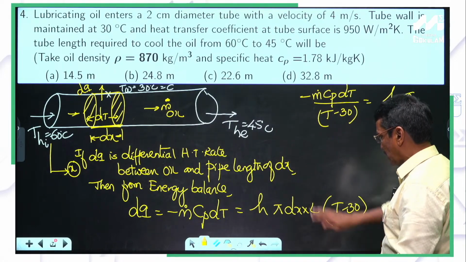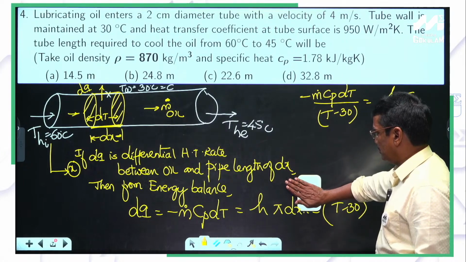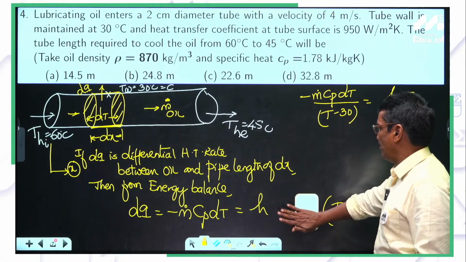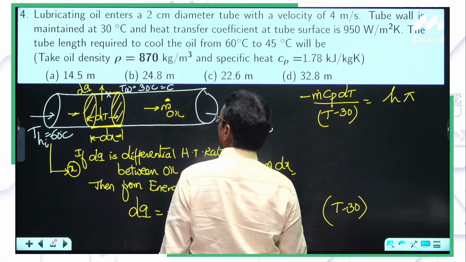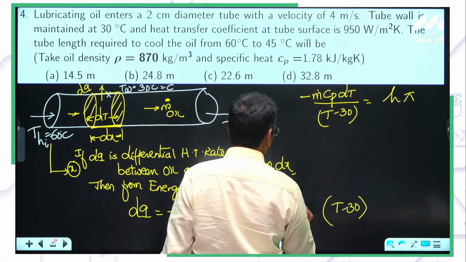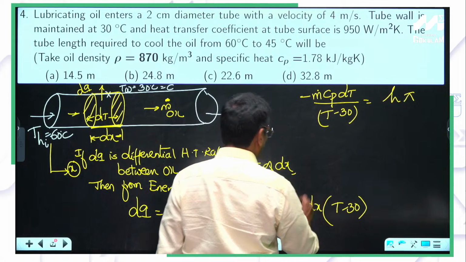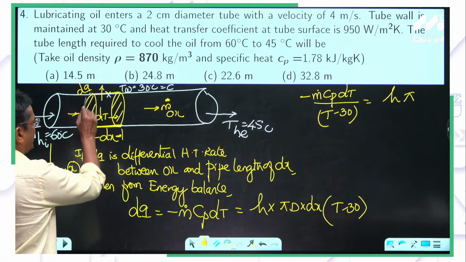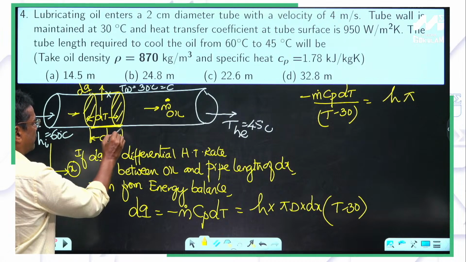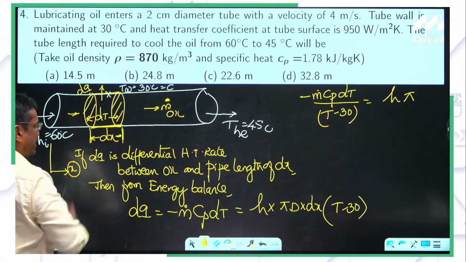Sorry, this length will not be there, because it is h into pi d, the diameter has been given, into dx. Area of heat transfer, see that. What is the area of heat transfer? Pi d into dx. This is the differential heat transfer area.